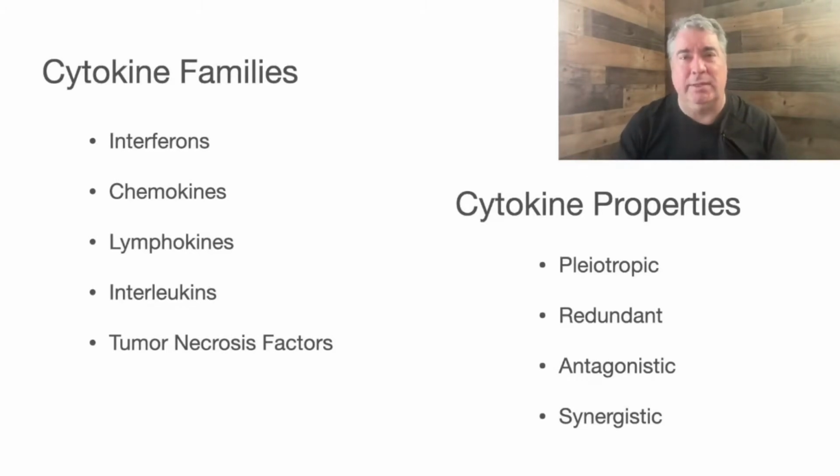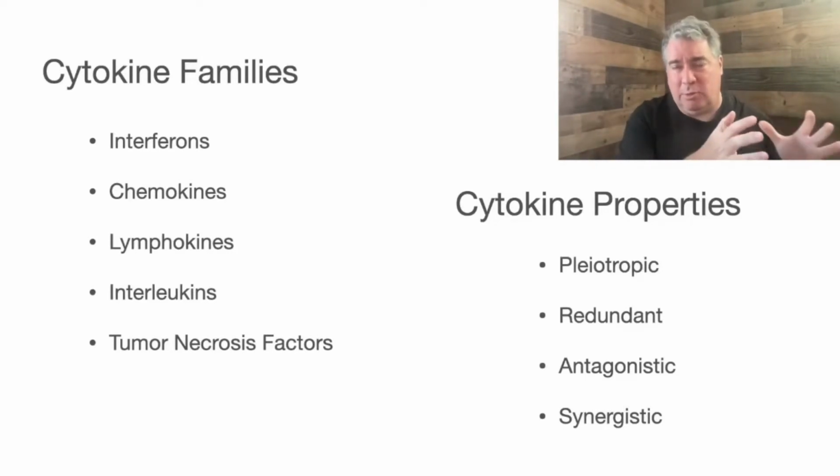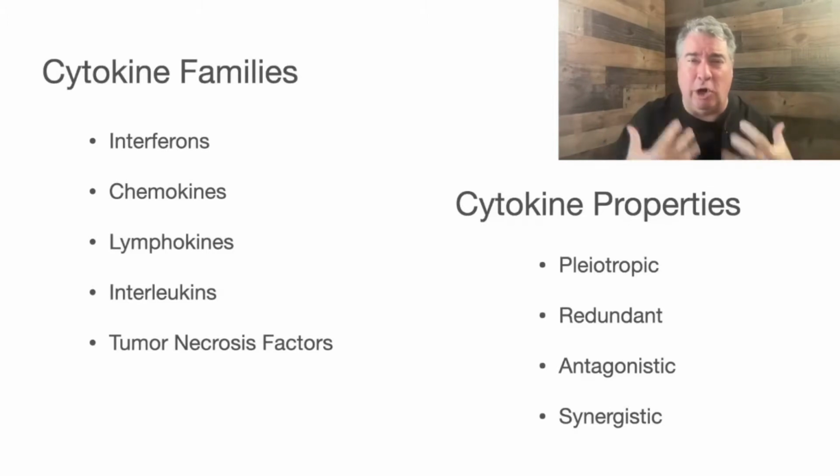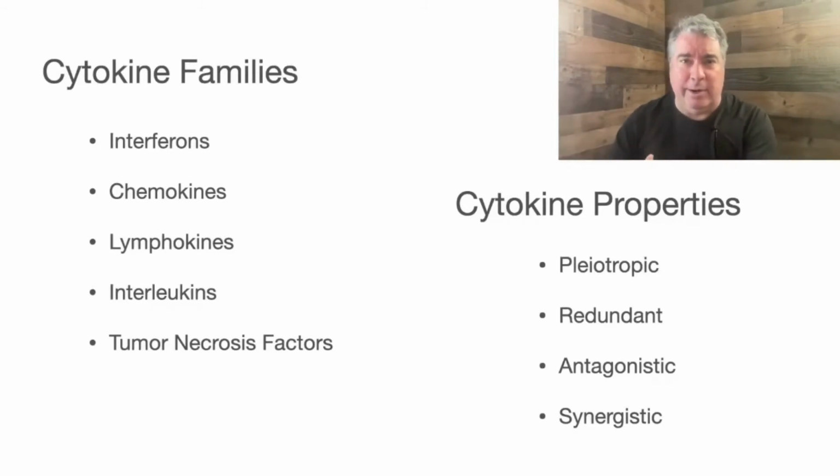Why this is important is that it allows many different cell types to communicate with the immune system, and the immune system to communicate back to those cells. It's a bridge property between our large cellular base and our immune system.